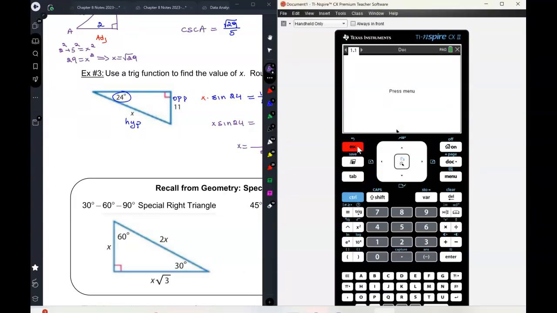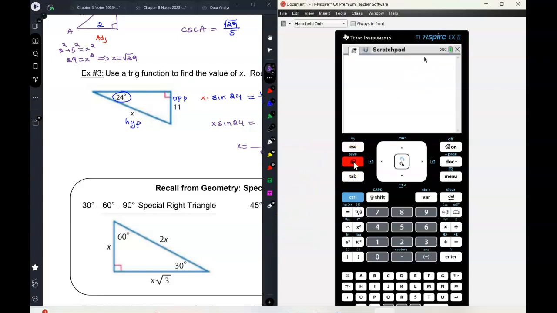You have to make sure you see this battery symbol at the very top here. Right next to it, it has to say DEG, not RAD. One thing you can do is bring the cursor over there, and you see the little hand pointing to it, hit the center button, and it should toggle. It should go back to degree. If it doesn't, let me know.